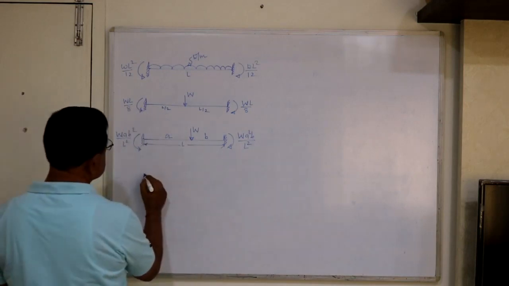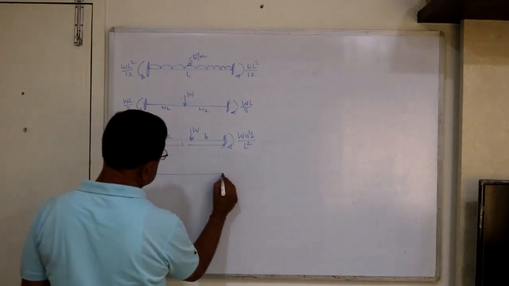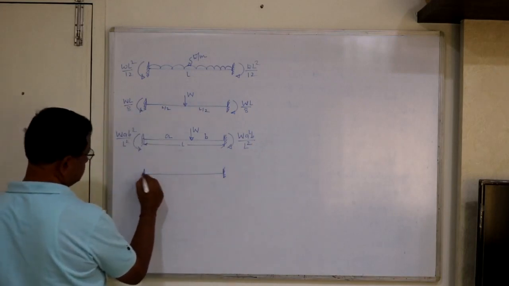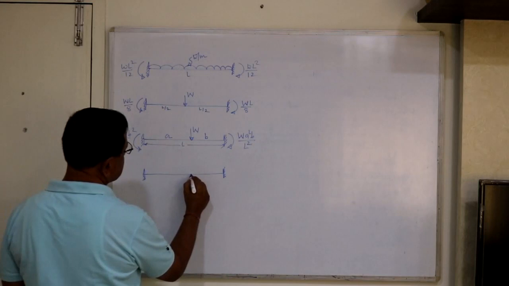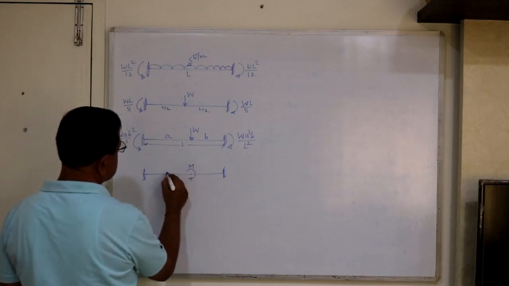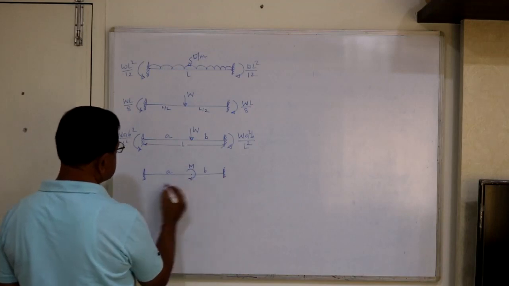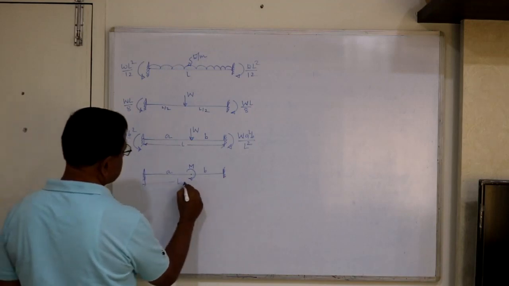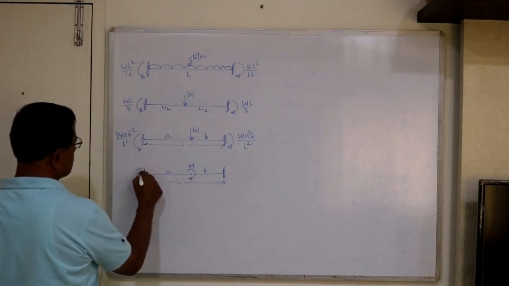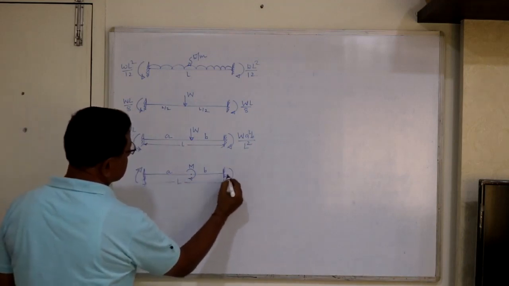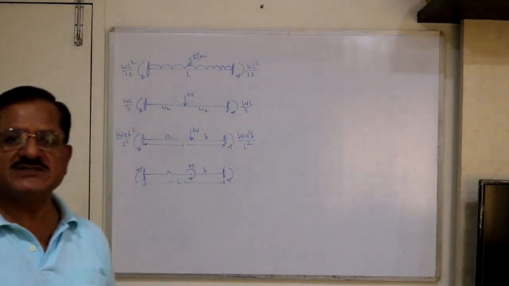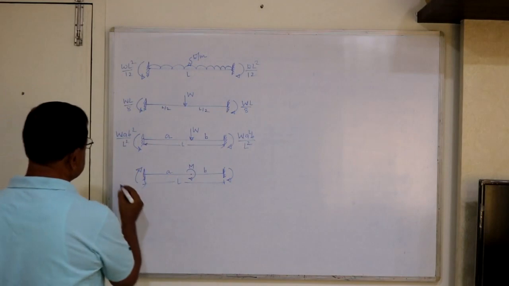The next, let's take concentrated moments, applied at any point. Say M is the moment, A is this distance, B is this distance, and total span is L. If the applied moment is clockwise, both end clockwise moments; if applied is anti-clockwise, both end anti-clockwise moments will be developed.